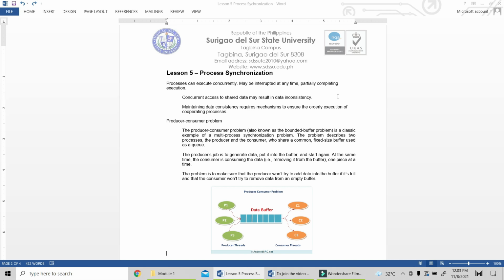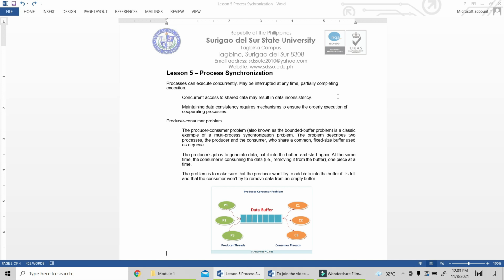Processes can execute concurrently, meaning simultaneously, or at the same time, or in parallel. So it may be interrupted at any time, partially completing execution. Concurrent access to shared data may result in data inconsistency. So that is what we are trying to discuss here.